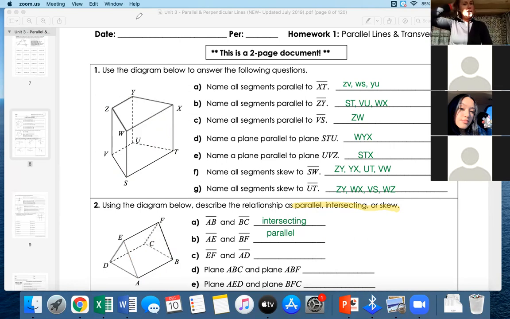So we have EF and AD. So EF, I'll highlight it. EF and AD. So go ahead in the chat box and tell me what you're thinking.